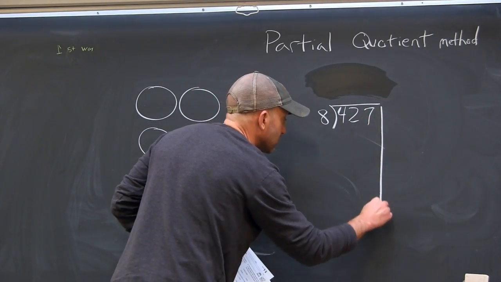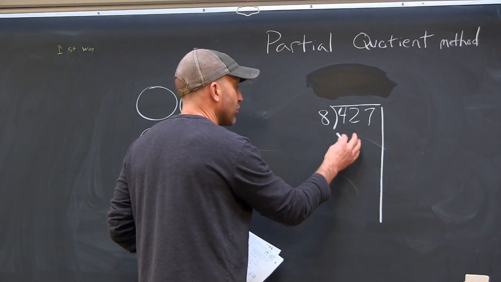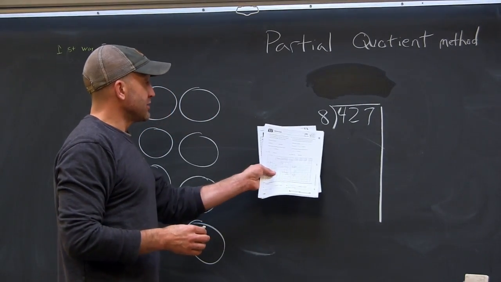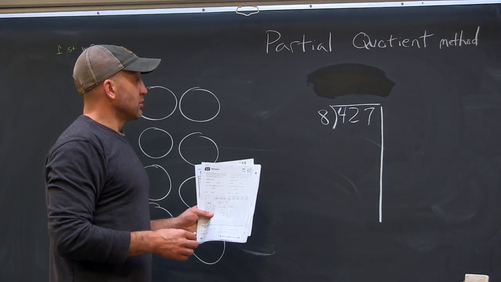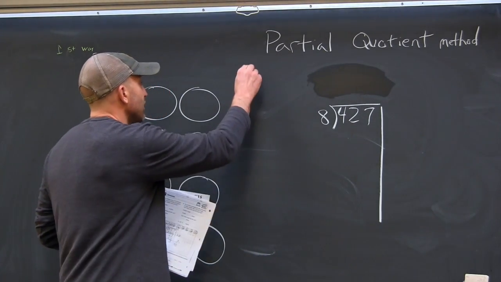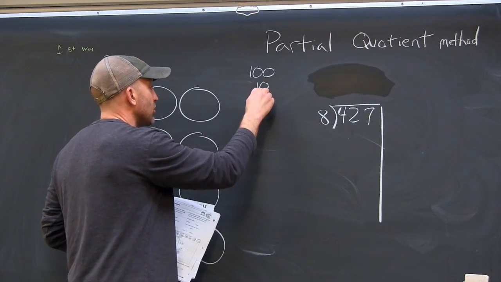First of all, we're going to draw a line, and we're going to do some work over here, and we're going to do our answers over here, right? Now, when we're seeing how many 8s go into 427, I like to use multiples of 3 numbers: a multiple of 100, a multiple of 10, or a multiple of 1.